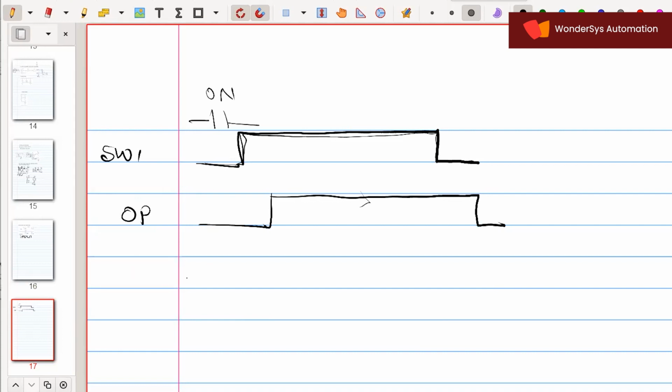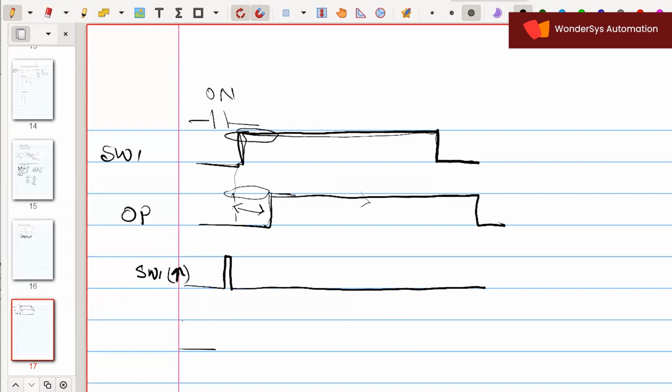Now for the same output, I gave only this much pulse, but this is my switch with positive edge. Now the output will not recognize it, because it has a delay here. Can you see this delay? There is a delay in the on period, so the input should be on for this particular time, then only the output will detect it.